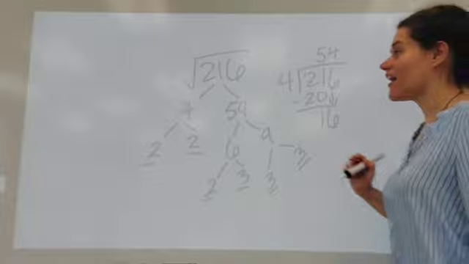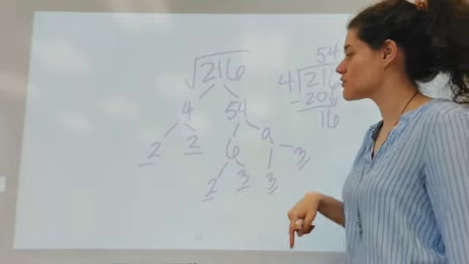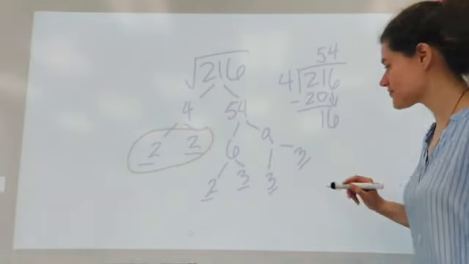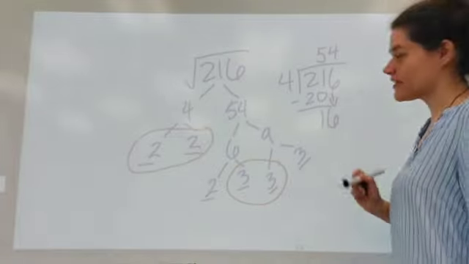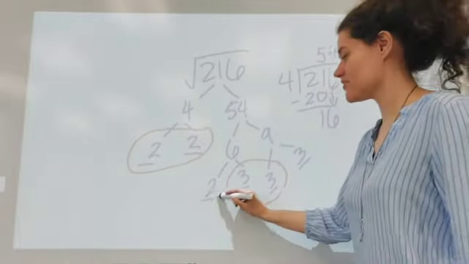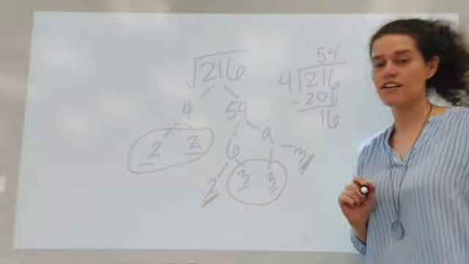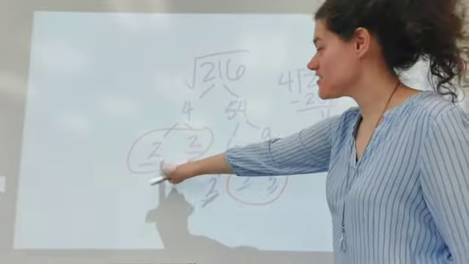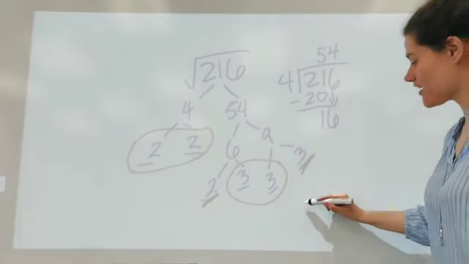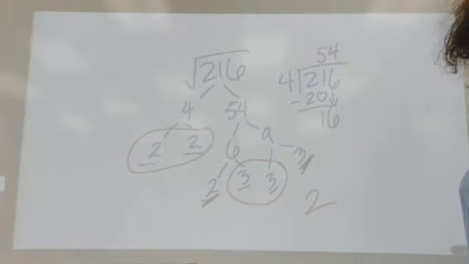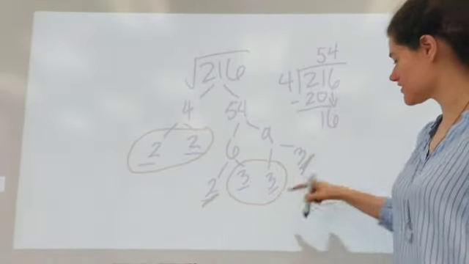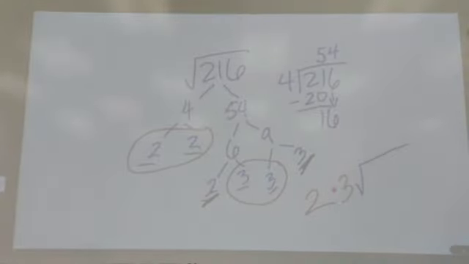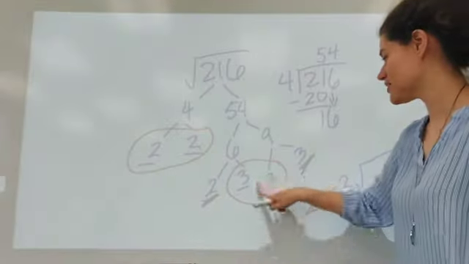Okay, so I have an index of 2. It's a square root, so I'm looking for groups of 2. So I have a group of 2 here. I have a group of 2 here. And then this 2 and this 3 are all alone. They don't have a match. So this 2 here can go to the outside. And then this 3 here can go to the outside. So then I've got 2 times 3 here, from here and here.